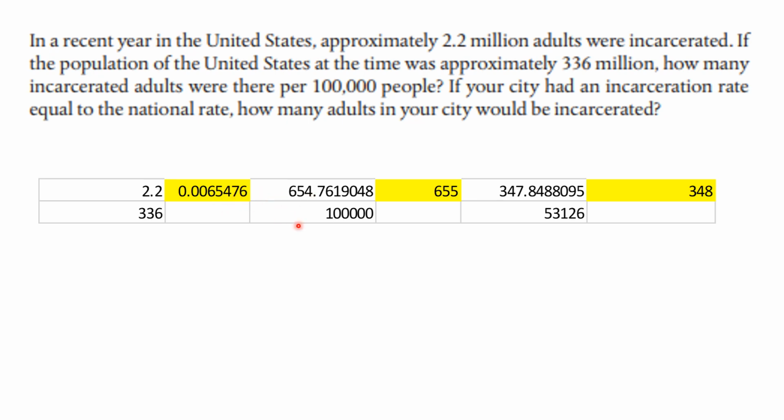You would have this many people per 100,000. We would round that up to this, and if I took the population of Wheaton, which was listed as 53,126, I would take 53,126 times this fraction, and there should be 348 people if we were aligned with that same proportion.